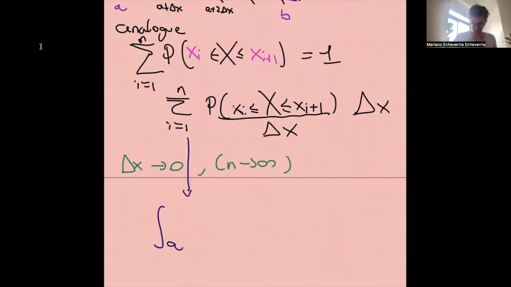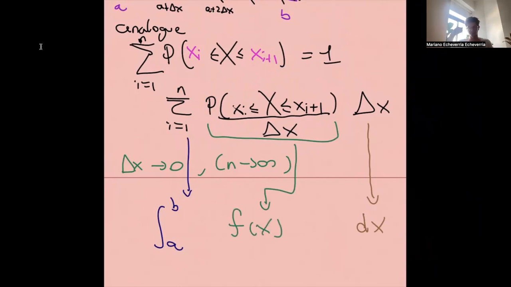This has the flavor of a derivative, because in a sense it's a ratio. This is what is given the name of a density function. I'll tell you more about that next time, but this is what gets called the probability density function.